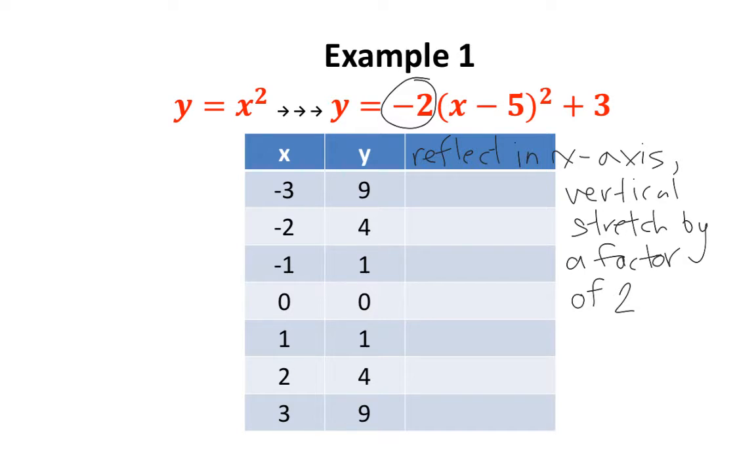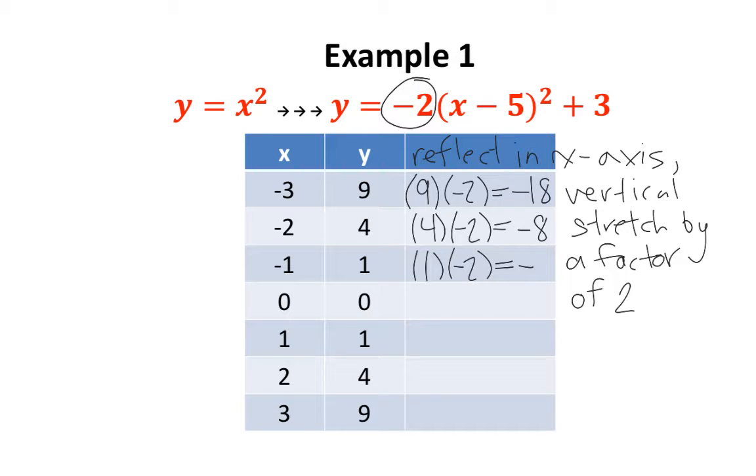Let's do the work for that. So I have 9 multiplied by -2. That is going to be -18. I'm going to multiply +4 by -2. That's going to be -8. I'm going to multiply +1 by -2. That's going to be equal to -2. I'm going to multiply 0 by -2. That's going to give me 0.